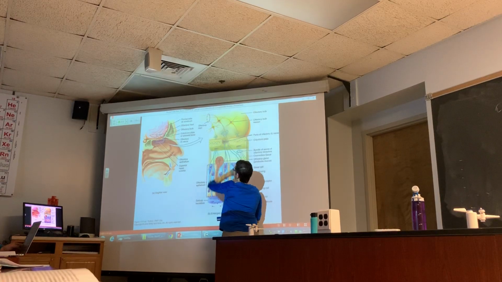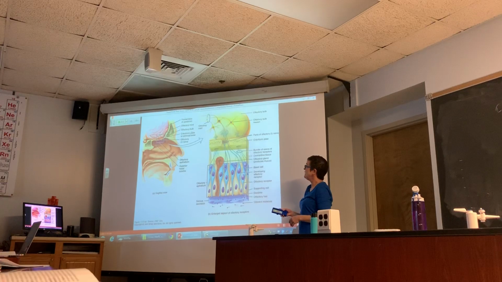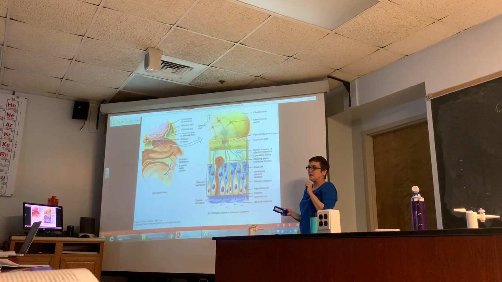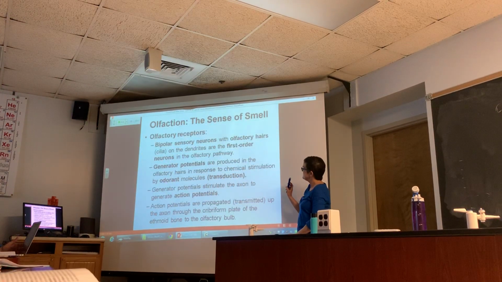They synapse with second order olfactory bulb neurons in the olfactory bulbs, which are enlarged bulbs above the cribriform plate. These are actually masses of gray matter. They're very similar to ganglia, but they're not called ganglia. They're called the olfactory bulbs. But they're made of gray matter because they're full of cell bodies, so not so much myelin sheath in there.